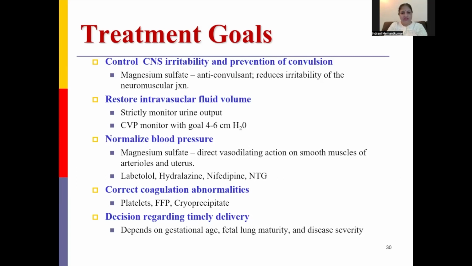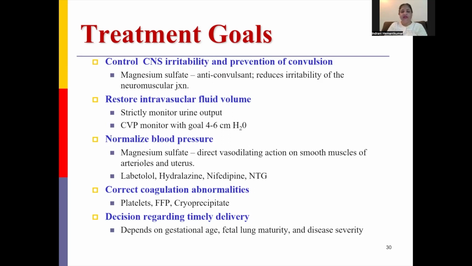Normalize the blood pressure. In fact, magnesium sulfate helps in actually normalizing the blood pressure, apart from your other antihypertensive agents like labetalol, hydralazine, nifedipine, etc. So it has a direct vasodilating action on the smooth muscles of the arterioles and the uterus.